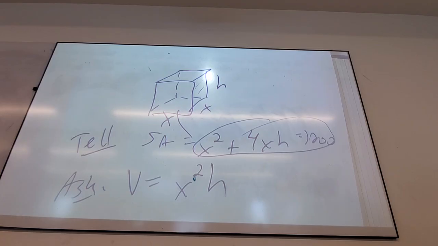Find the critical numbers. Once you use what they tell you in what they ask you, you're back in section 4.1. You're finding critical numbers, plugging them in, and so on.